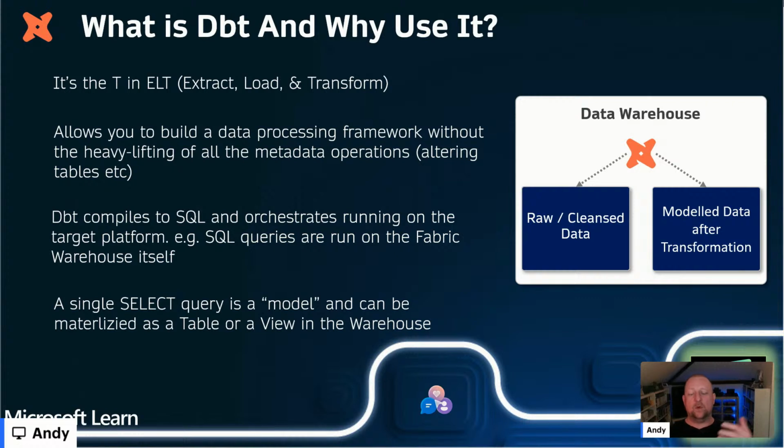And that could be materialized as a table or a view in our destination system. So ultimately, a DBT project could contain several models. For example, if I'm building a star schema, perhaps my dimension tables, dim product, dim date, and so forth, each one of those is a model.